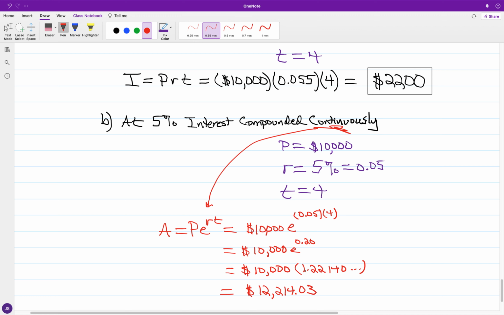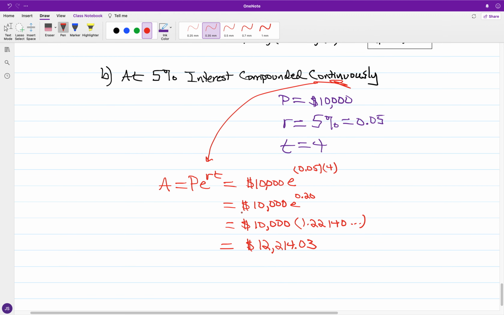Remember in the simple interest, that $2,200 is the amount of interest added. Now, in the case of continuous compounding, the amount of interest added is going to be the difference between the future value and what was financed. So we're looking at the future value minus what was financed.